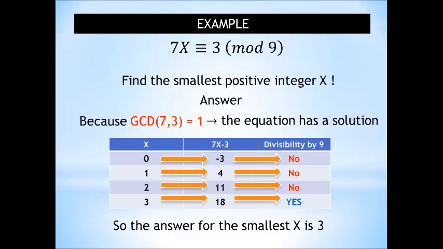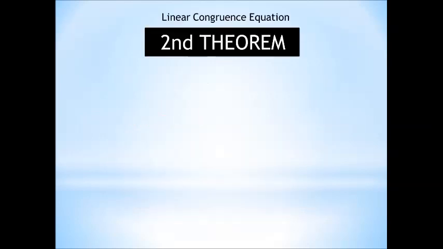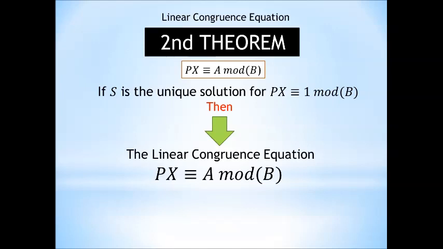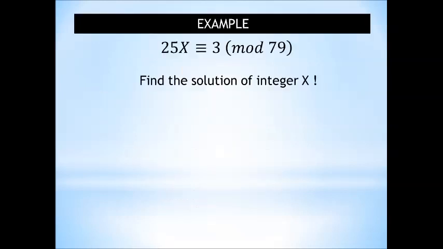Let's continue to the second theorem. Given the equation Px ≡ A mod B, if S is the unique solution for Px ≡ 1 mod B, then the linear congruence equation Px ≡ A mod B must have a unique solution, that is, x equals A times S. Let's see the example.